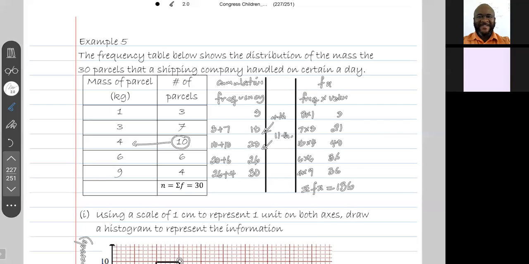If 7 packages, each weigh 3 kilograms, that's a total of 21 kilograms. If 10 packages, each weigh 4 kilograms, that's a total of 40 kilograms. So the 136 is the sum of the mass of all 30 parcels.